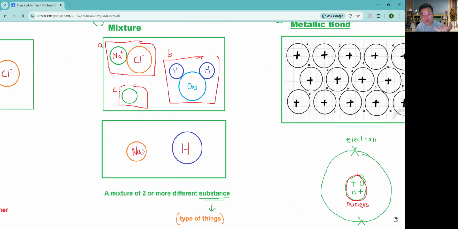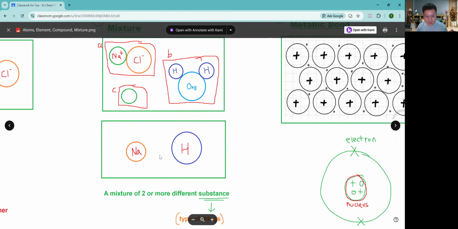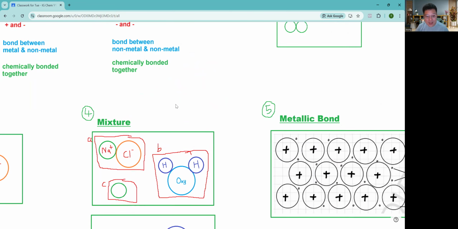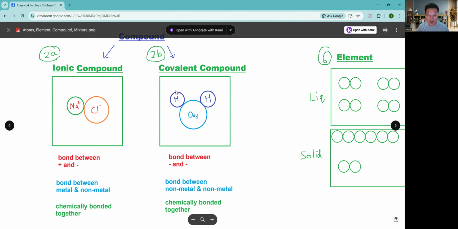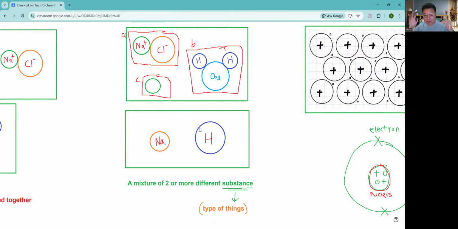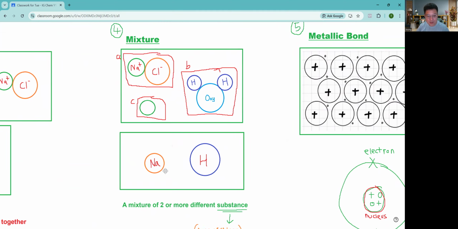Even if it's just one particle and another particle, you put them together, they are also a mixture because it's not chemically bonded together. But if this Na and this H are sticking together, then yes, maybe it would be an ionic or a covalent compound. But in this case, they are separated. So therefore, it's a mixture. It's like mixing two different types of things.